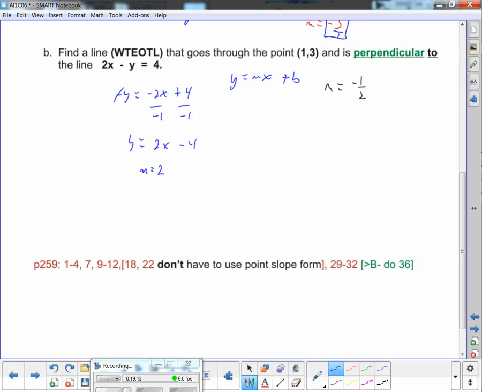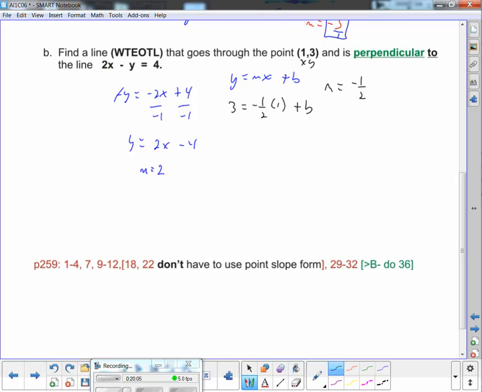So again, how do I get b? I have the slope. I have a point. X is 1, y is 3. I'm going to put in 3 for the y, -1/2 for the m, 1 for the x plus b. Do you agree I have a negative half on the right?